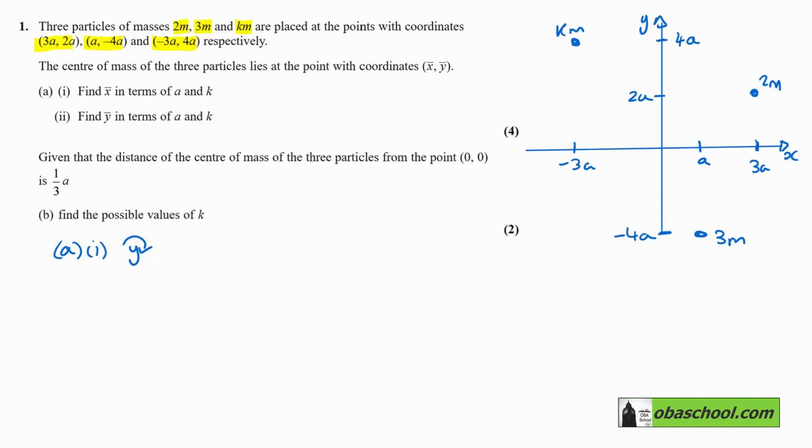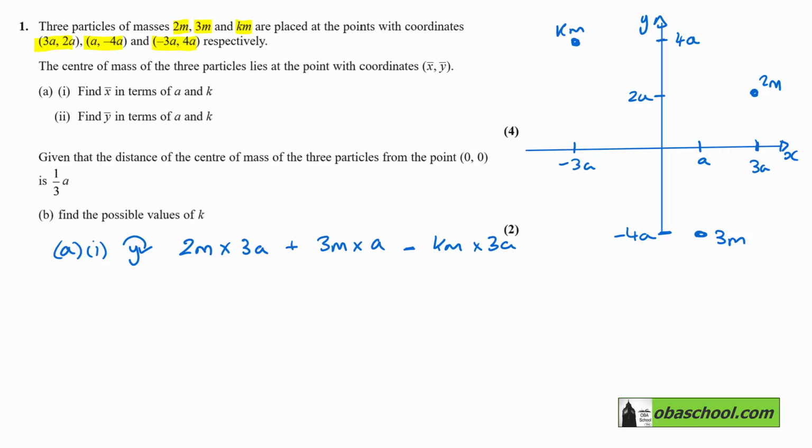So 2m times 3a is the moment for this particle. Then plus 3m times a for this particle, and they're going in the same direction because they're both to the right of the y-axis. Then take away km times 3a, or you could think of that as plus km times negative 3a if you wish.